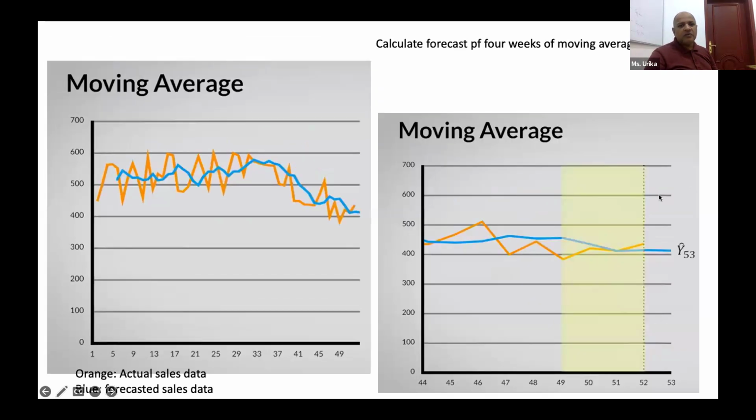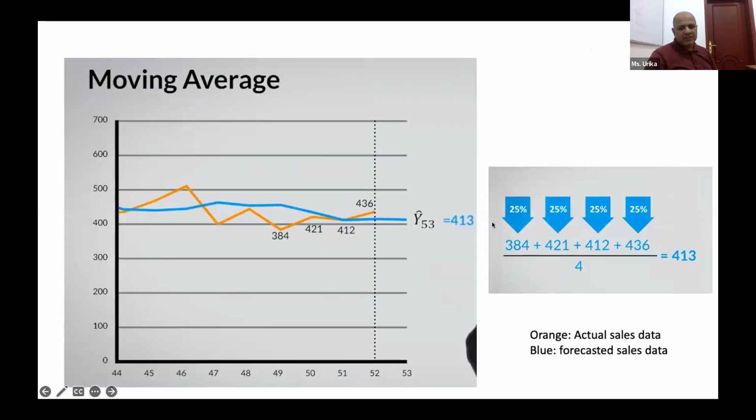So from this point, you are moving from simple average to moving average. You are moving over a particular period of time and you calculate. Can you see the moving average here? You take only these, don't go for last year. Take only this one, this one, this one, this one.